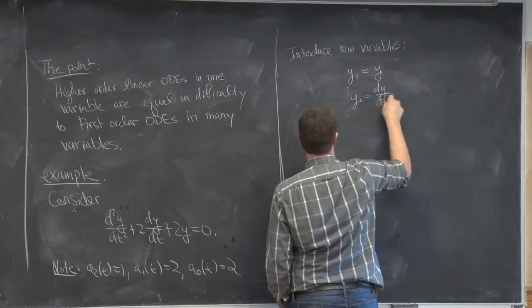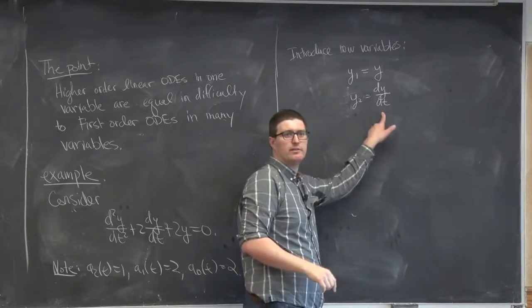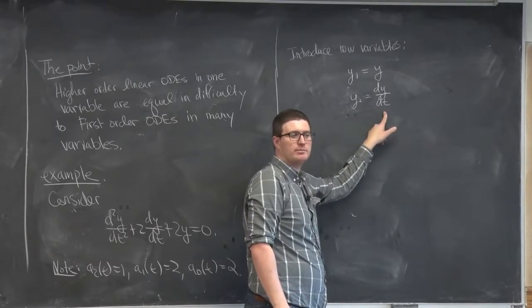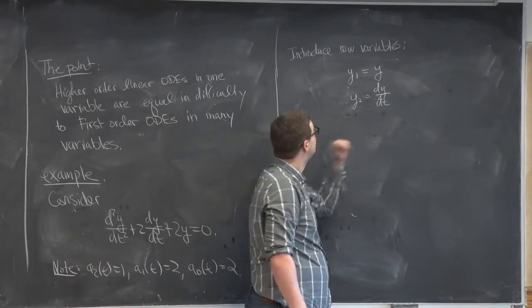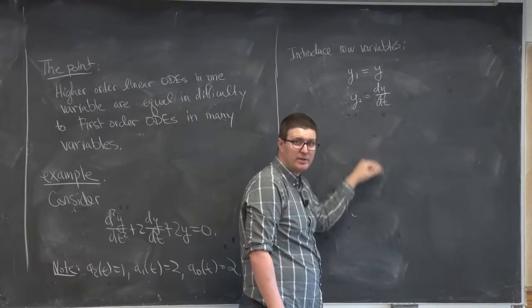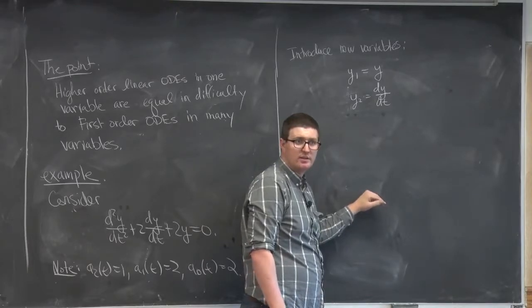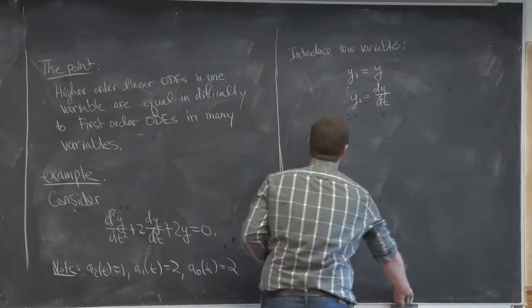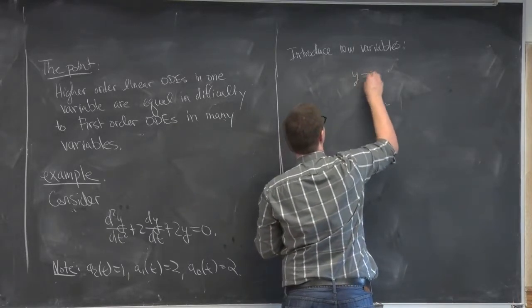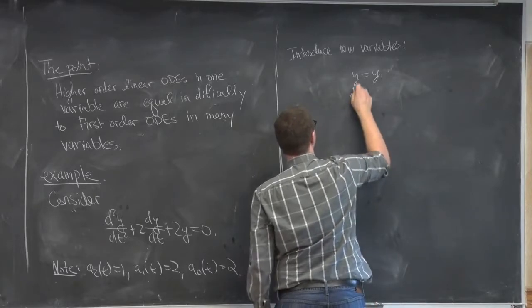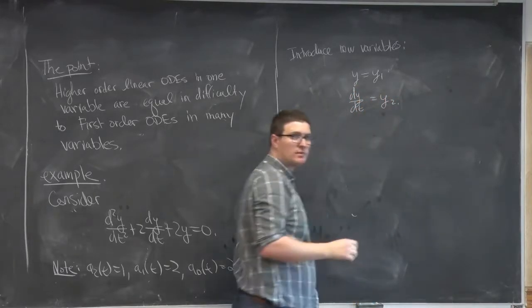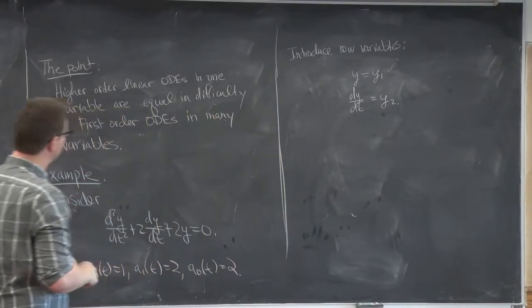I wanted to write it the same way, but I forgot if I wrote the y subscripts on this side or the derivatives on this side. Do you guys remember? So I had said something like convert, and then I wrote a big list of things. There we go. Yeah, so let's do it the same way. So y is y1, and then dy/dt is y2. Okay? So that's what I was doing before.